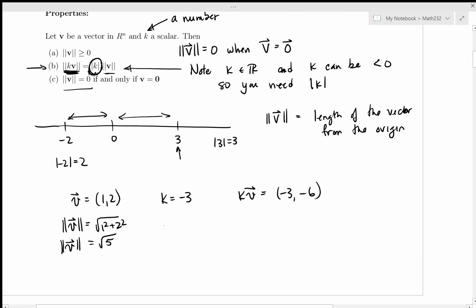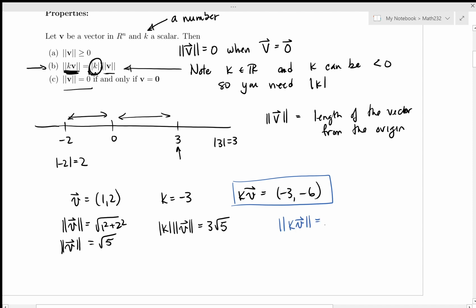Okay, so here we go. We're going to compute two different ways. We're going to calculate the absolute value of k times the norm of v. The absolute value of k is 3, and the norm of v is the square root of 5. Then we are going to instead calculate the norm of kv.